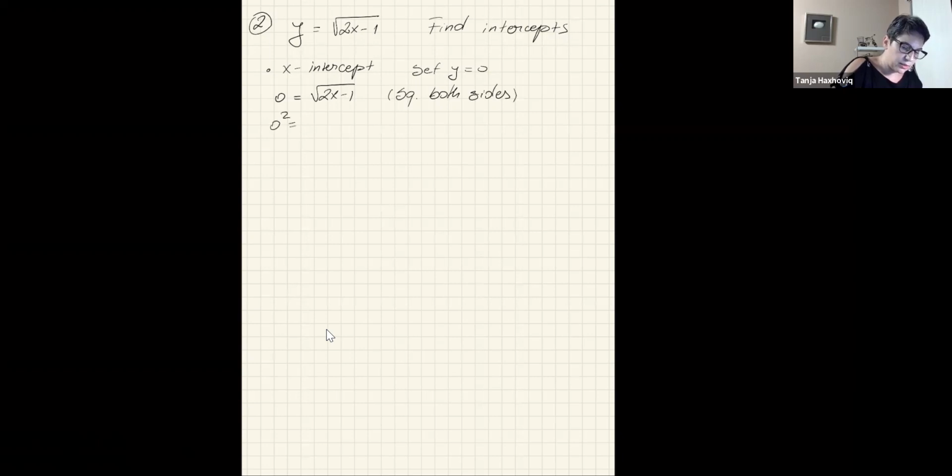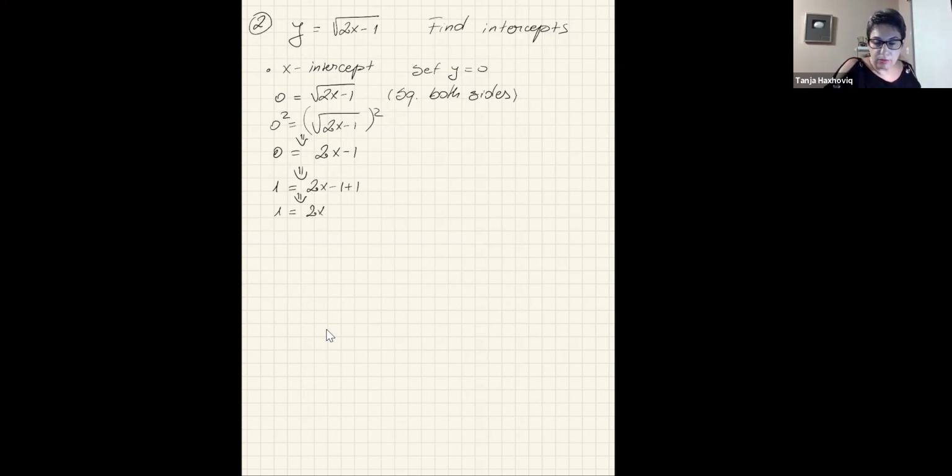So 0 squared is equal to the square root of 2x minus 1, squared. 0 squared is 0. The square root of 2x minus 1, squared, is just 2x minus 1. This is now very easy to solve. From here, I will add 1 to both sides. So 1 equals 2x minus 1 plus 1. Minus 1 plus 1 is just 0. So 1 is equal to 2x.